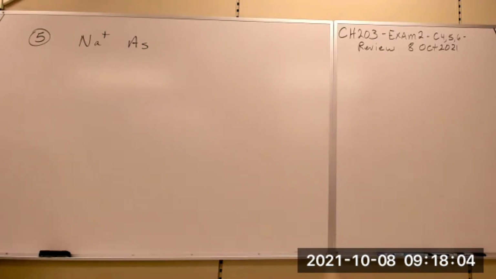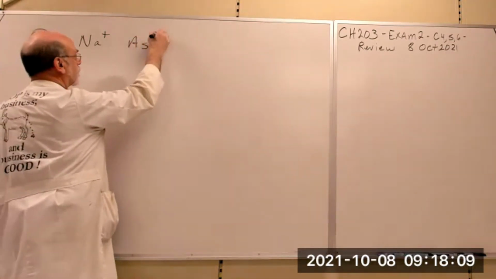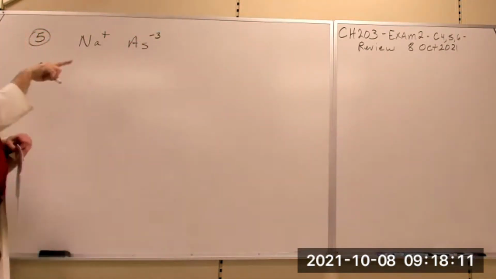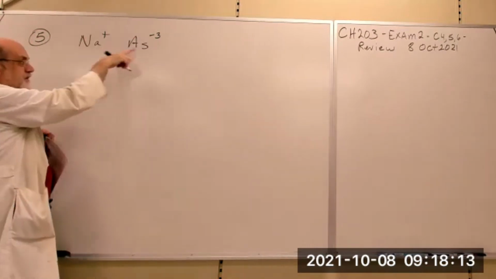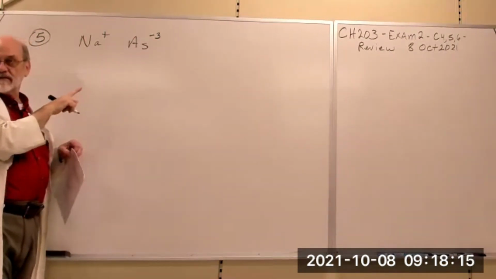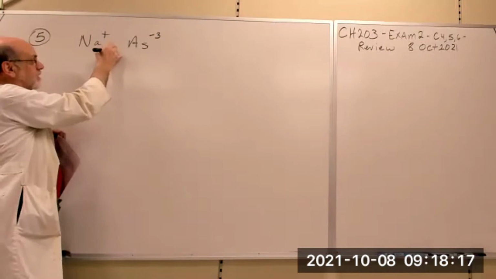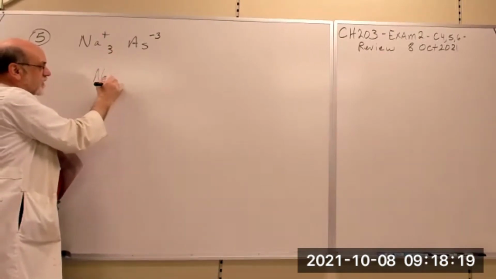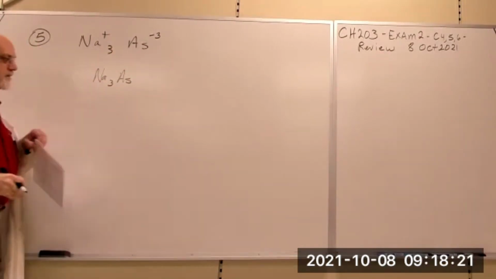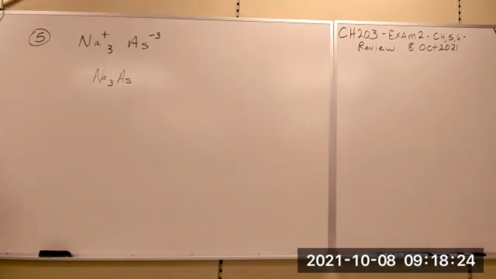So it's going to be -3. In order to balance them, you need 3 positives to balance 3 negatives. So we would write the compound like this. Just balance the charges.